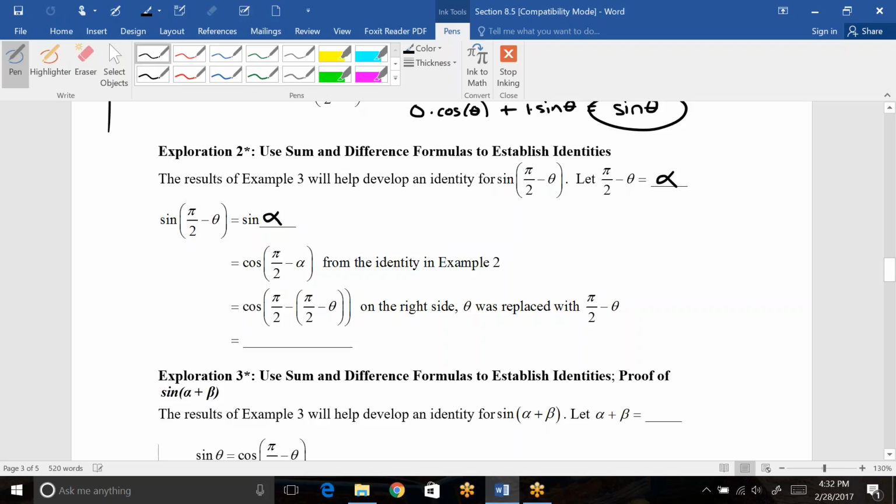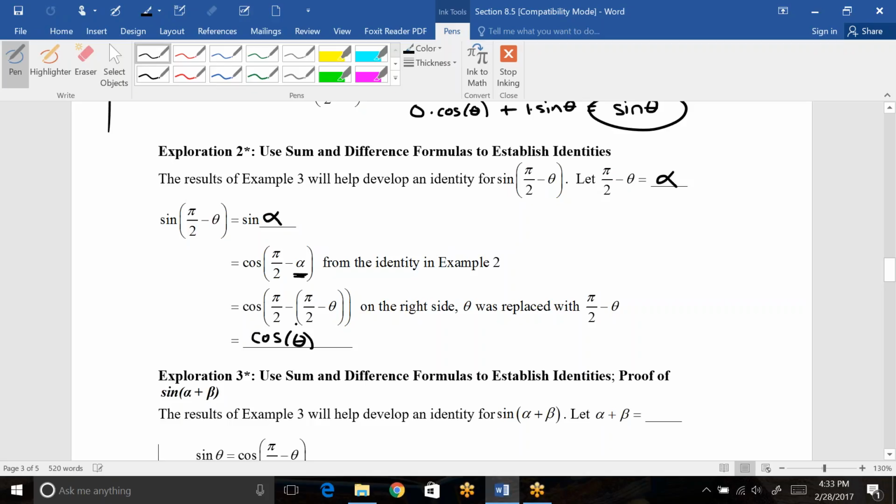Now cosine of pi over 2 minus alpha was from the identity we just did, and we showed that that was equal to sine theta. So cosine of pi over 2 minus alpha, remember, alpha is pi over 2 minus theta, so theta was replaced with pi over 2 minus theta. That's what I just did. So this would be cosine of theta.